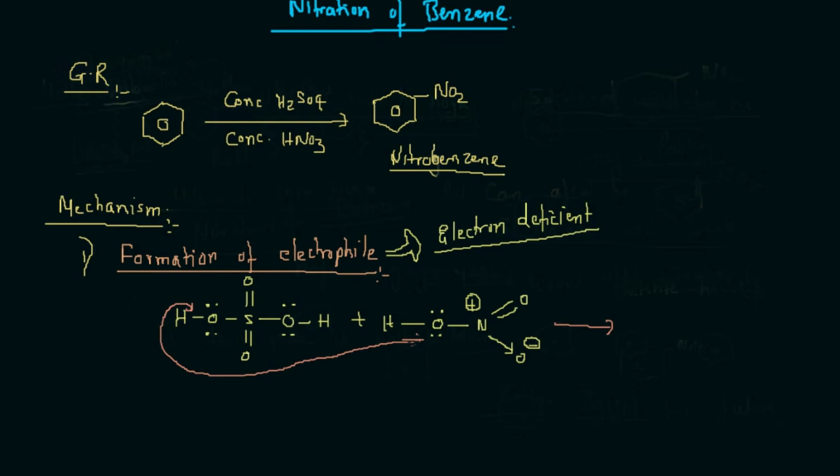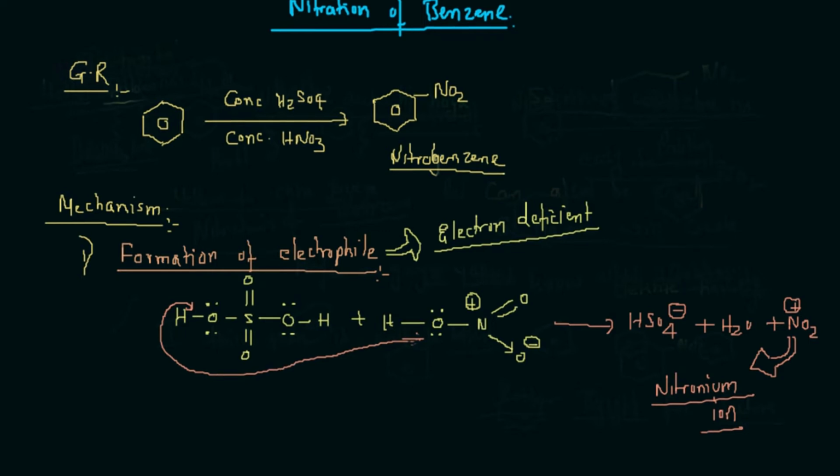Further, there is a release of a water molecule from nitric acid, and we'll have HSO4 minus plus H2O plus NO2 plus. This is called the nitronium ion, and the nitronium ion is the electrophile over here.